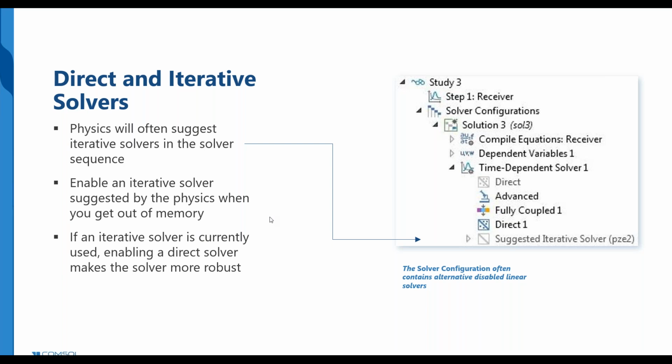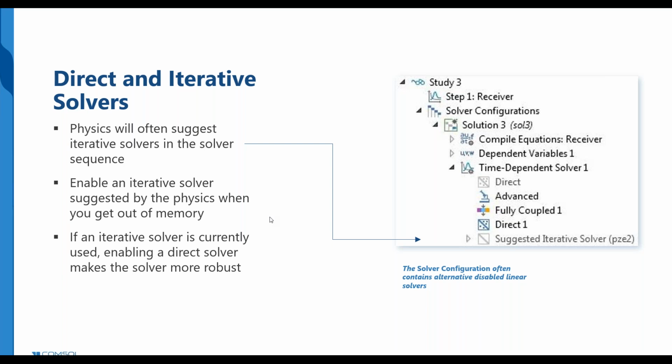To switch between those two is nowadays not so difficult in COMSOL, because many of your models will come with a suggested solver of the other type. So for instance, if you are using a direct solver per default, you will typically find the suggested iterative solver together with it in your solver configuration.